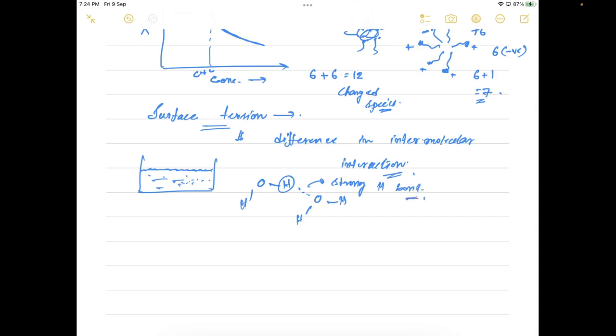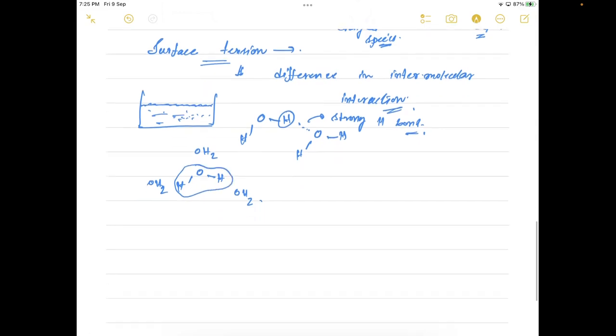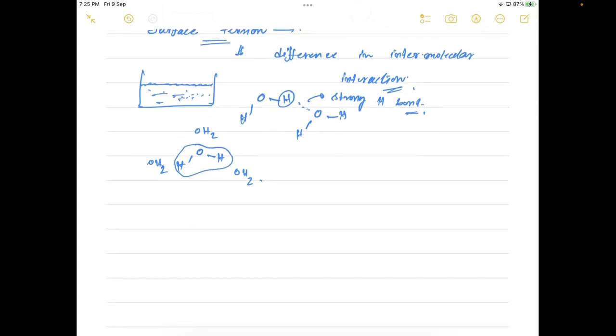Now let's say there are water molecules on the surface, and there are water molecules also in the bulk. In the bulk, let's say there is one water molecule, and there are other water molecules surrounding it. So this center water molecule generally forms strong hydrogen bonds with other water molecules.